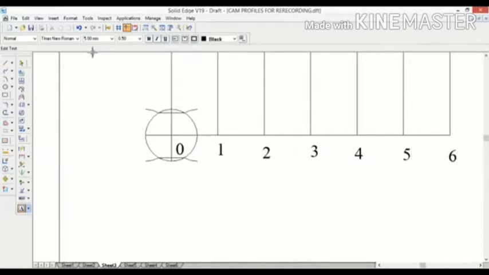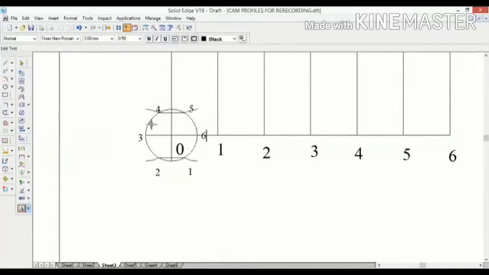Similarly, the rolling circle is also divided into the same equal parts. We need to number them in clockwise direction: 1, 2, 3, 4, 5 and 6.